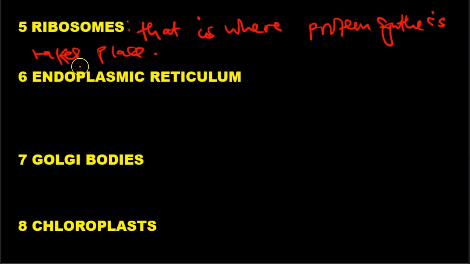So that is where protein synthesis takes place. It takes place in the ribosomes. Okay? What about the endoplasmic reticulum? Let us look at the endoplasmic reticulum. So the endoplasmic reticulum, we said there are two. We have the rough.